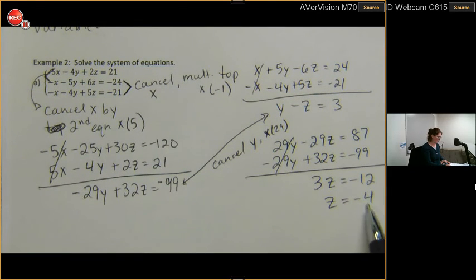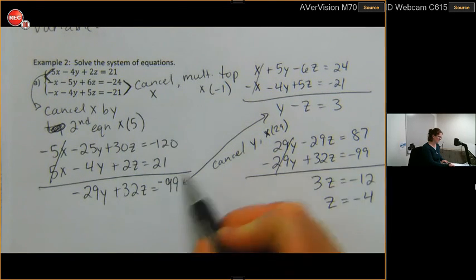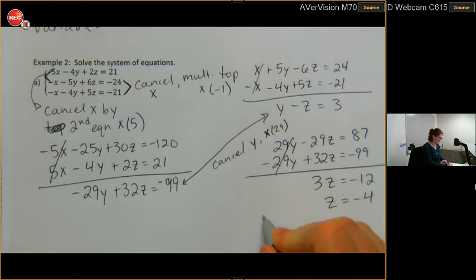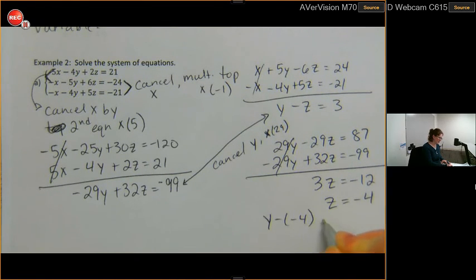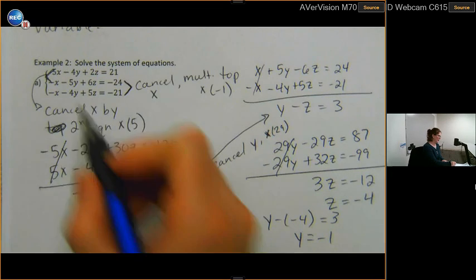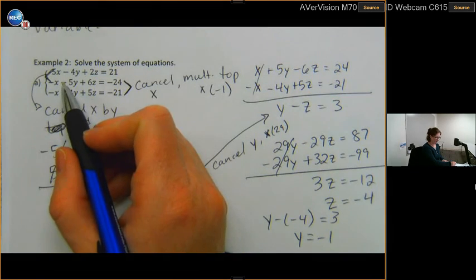Take that negative 4 for z, put it back into one of these other yz equations. I'll use this one here, it's easier. y minus negative 4 equals 3, so that's really y plus 4, so then I subtract 4 and I get y equals negative 1. So now I have y and z, back into an original equation to find x.